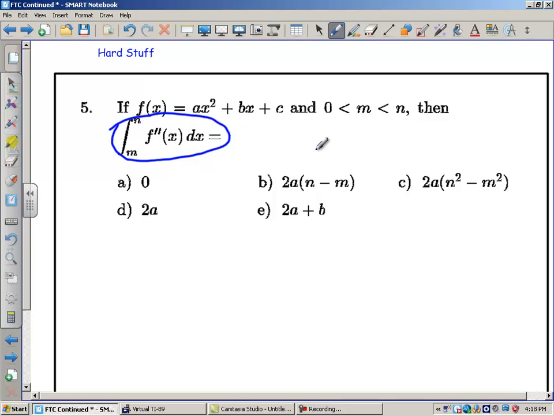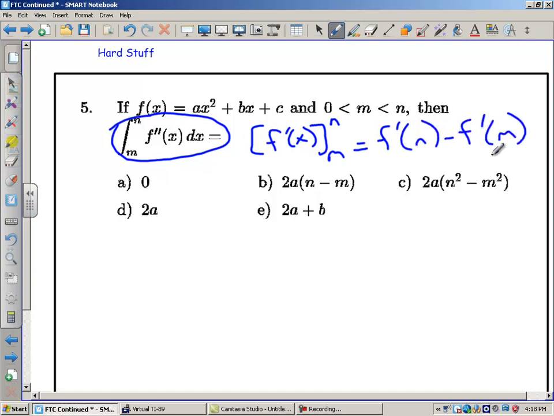Or what an antiderivative of f double prime is? It is f prime. So I would want to take and evaluate f prime between m and n. So this would mean f prime at n minus f prime at m. This is the change in the antiderivative. The antiderivative of f double prime is f prime.